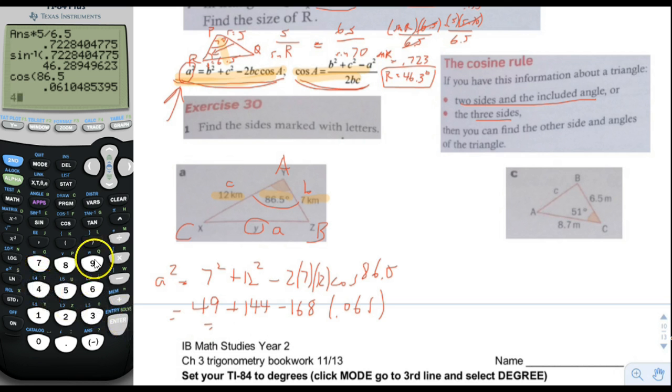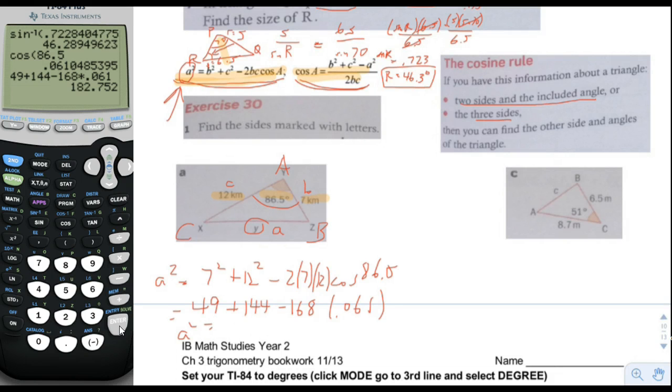And now I'm just going to put this in my calculator. So I got 49 plus 144 minus 168 times 0.061. I get 182.7.